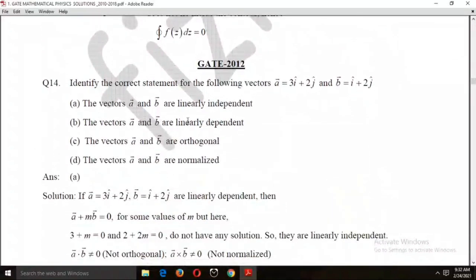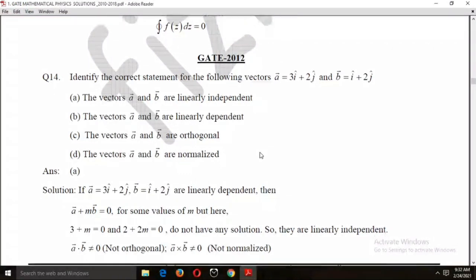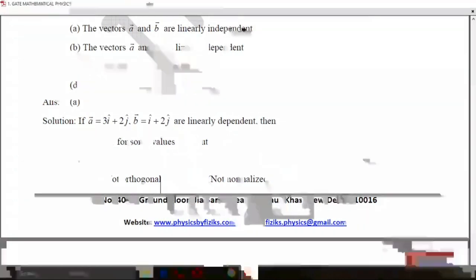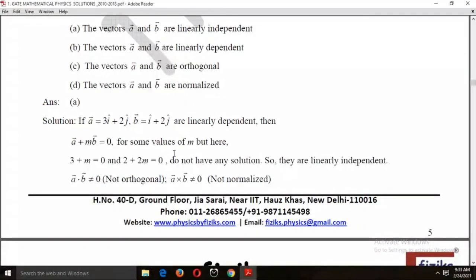Next, identify the correct statement for the following vectors a equal to 3i plus 2j and b equal to i plus 2j. Here, if a and b are linearly dependent, then a plus m b is 0 for some value of m, but here 3 plus m is 0 and 2 plus 2m is 0.